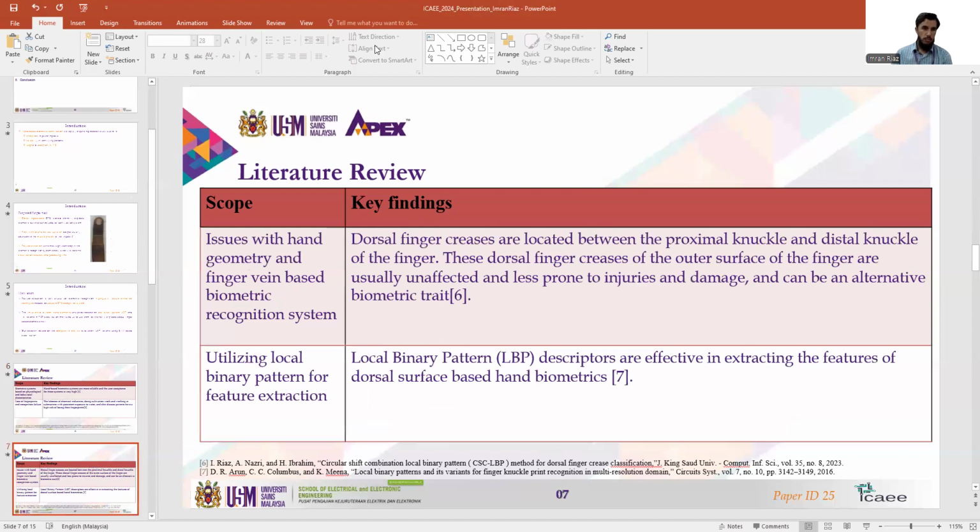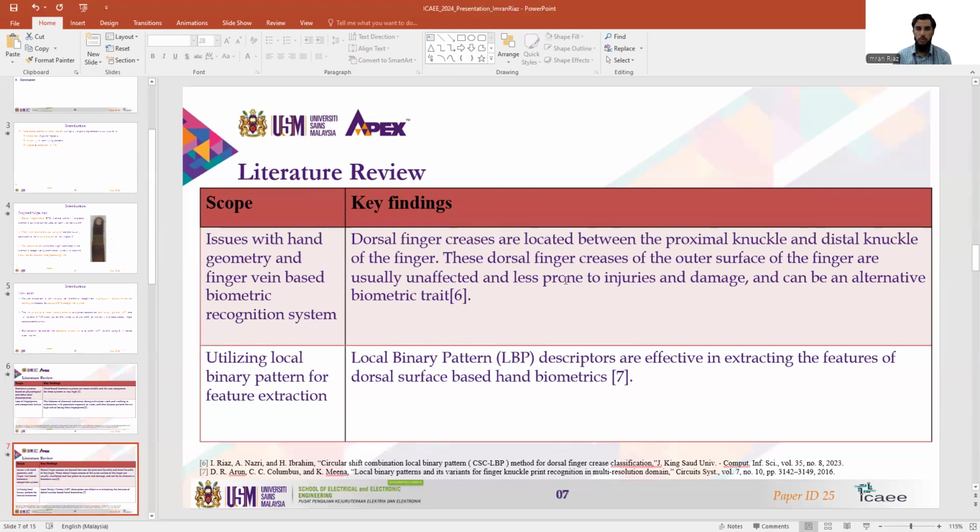Similarly, if we consider the other inner surface hand-based biometric features, considering the hand geometry or the finger vein, there are some problems because these injuries and these skin diseases will ultimately affect the whole inner surface of the hand.